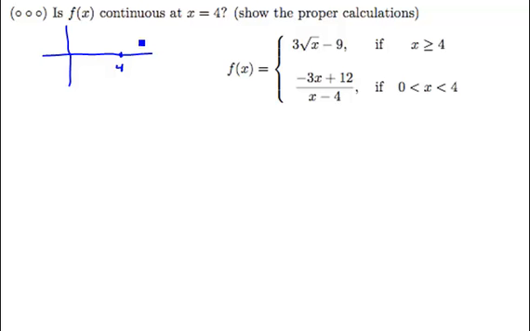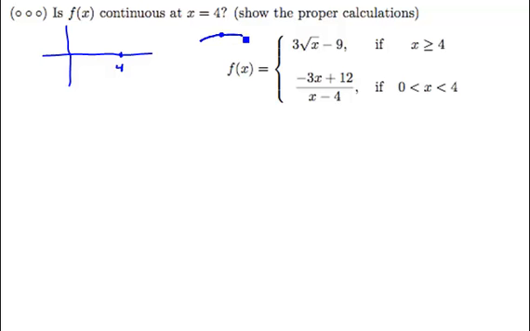If the graph makes a sudden jump from one value to another, or if it has a hole in it, then the answer to the continuity question would be no. But if there's a smooth transition through the function value at x value 4, so the left limit and the right limit and the function value all come together, I'm going to draw this over here because I don't know exactly where to put it on this page yet.